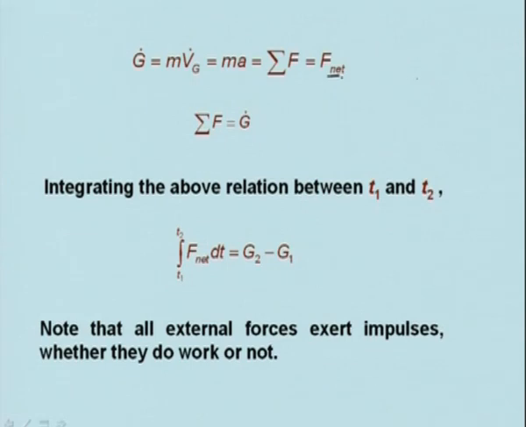Now if we integrate the above relation between T1 and T2, then the integral from T1 to T2 of f net dt is equal to G2 minus G1. This is the impulse of the total force. Note that all external forces exert impulses whether they do work or not. So all the forces have to be considered in this case, then you can find G2 minus G1. So this equation can also be used.